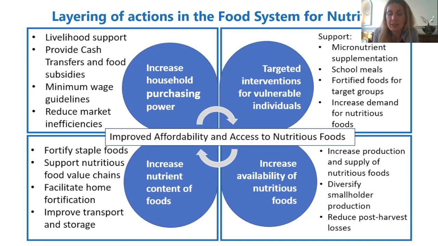We also see that because of the food environment, food consumption is very much centered on staple foods, so there are important opportunities to increase the nutrient content of these foods. And lastly, ensure targeted interventions for vulnerable individuals, who are at very high risk in this context.